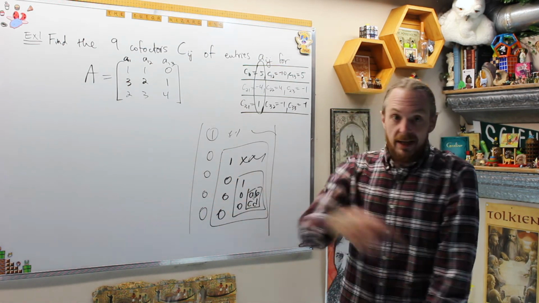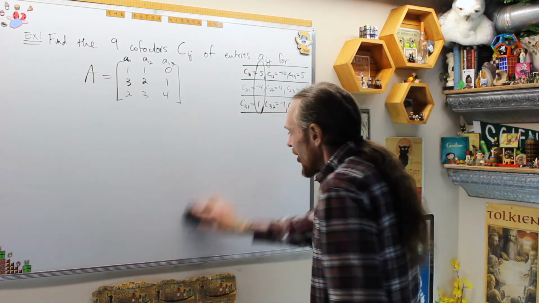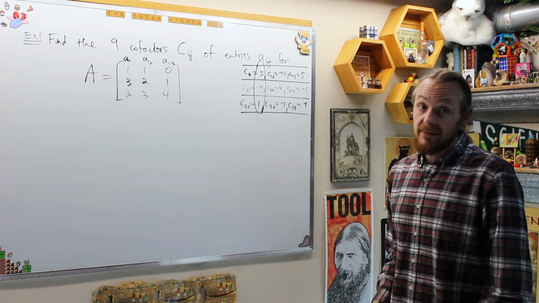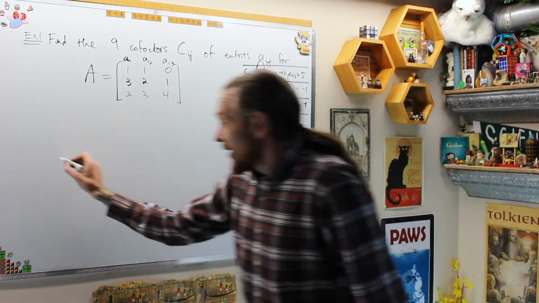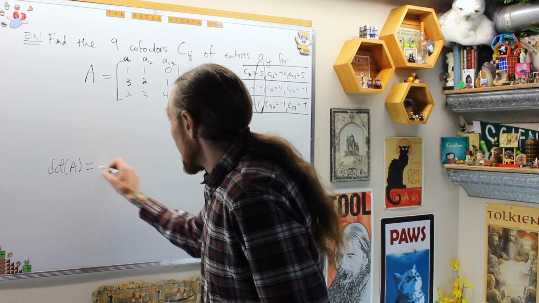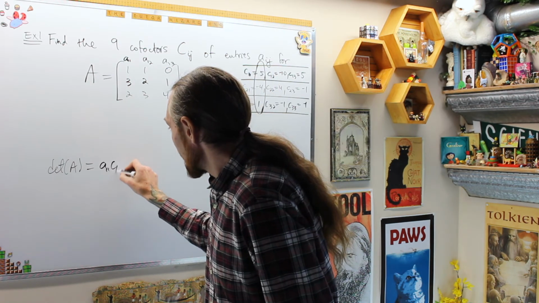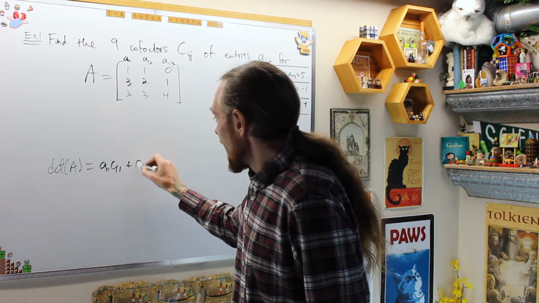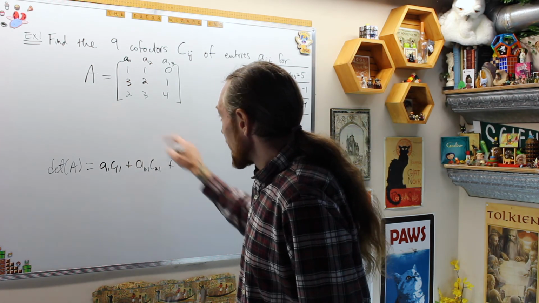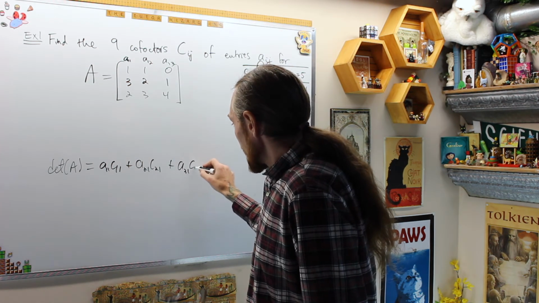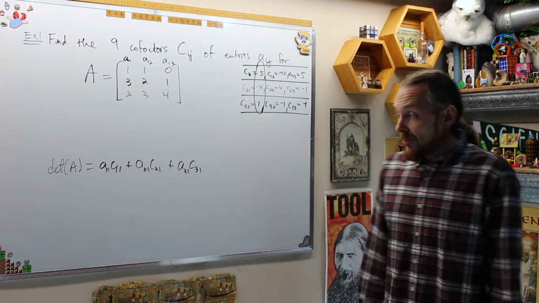These ones are coming in the next video. Computing along that column, which we're going to train you systematically in the next video to use, the determinant of A is equal to A11 C11 plus A21 C21 plus A31 C31 along the first column now.